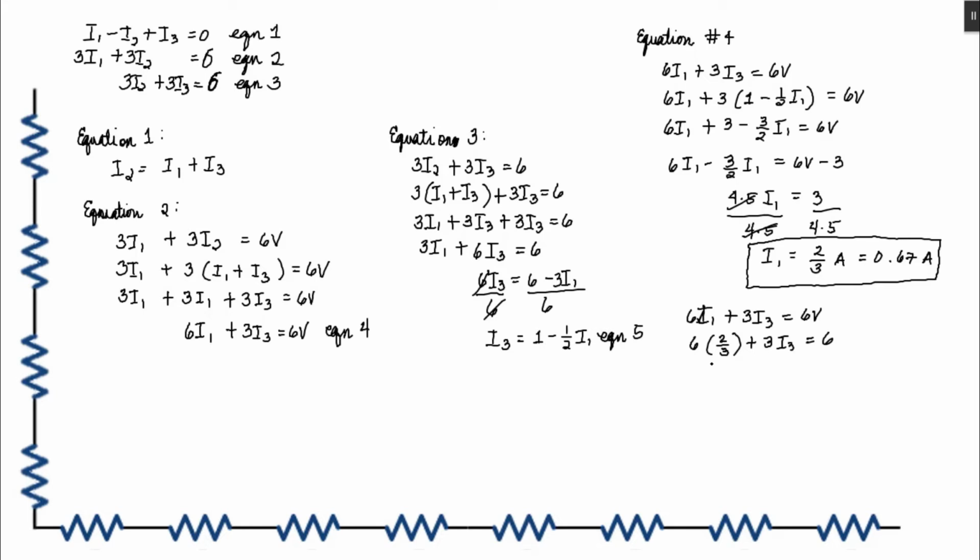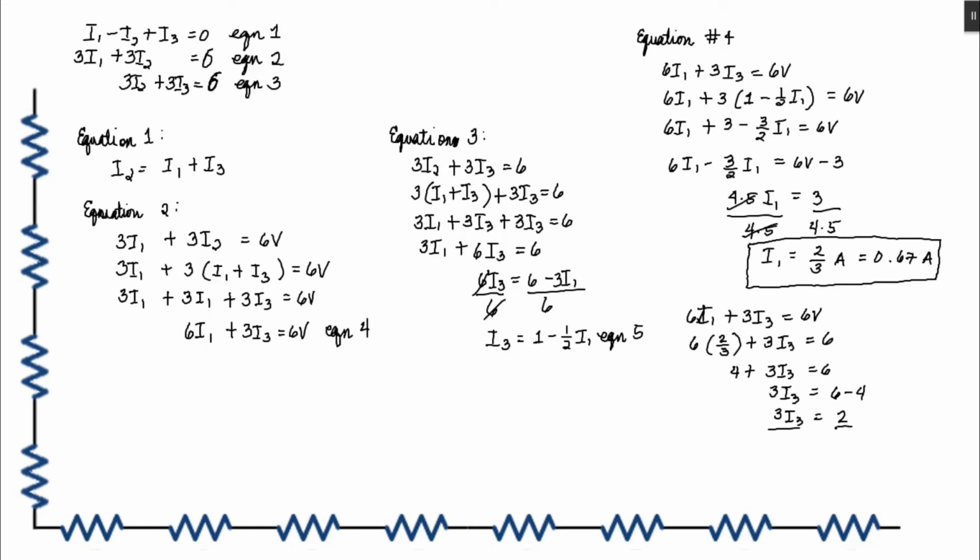So 6 times 2/3, that is 4, plus 3 I sub 3 equals 6. So, we just transpose the whole number 4 from the left-hand side of the equation to the right-hand side of the equation. So, that becomes 3 I sub 3 equals 6 minus 4, that's 2.